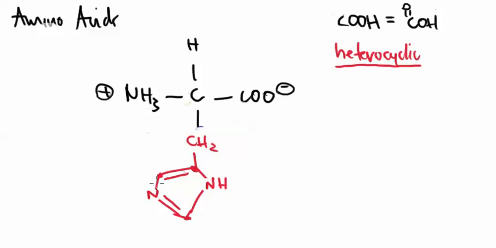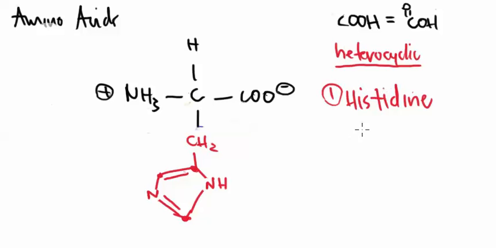It's not drawn, but it's understood to be there. This nitrogen has a total of 3 bonds. This carbon has a total of 4, one to a hydrogen that's not drawn. And this nitrogen has a total of 3 bonds. So they're all happy. And when we look at this CH2 with a 5-membered ring, this structure is called histidine.